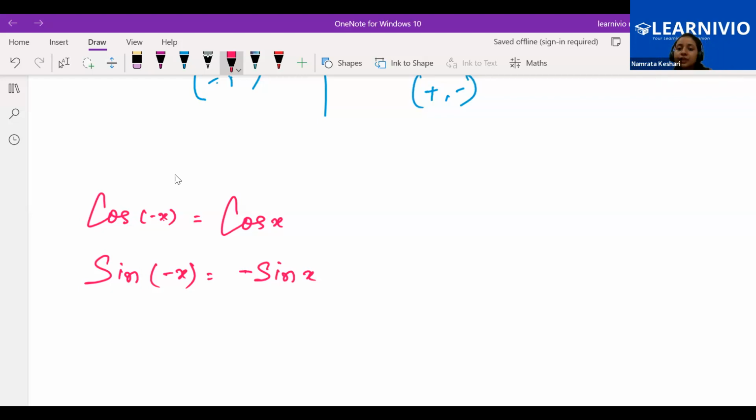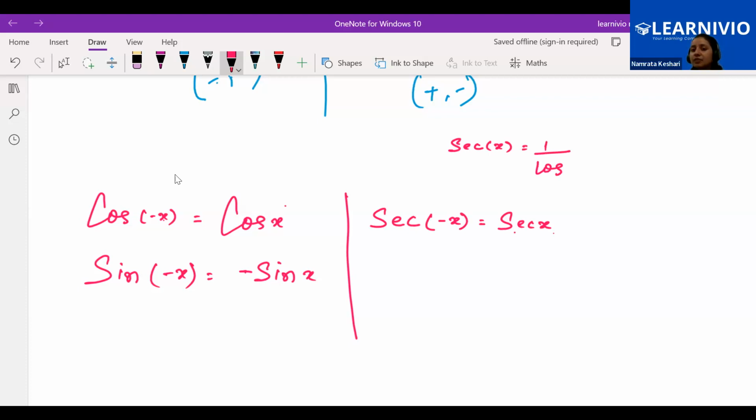Since we have already taken out the cos and sine from the observation, now we will say that since cos of minus X is only cos X, hence sec of minus X will also be only sec X. Why? Because sec theta is nothing but 1 by cos.